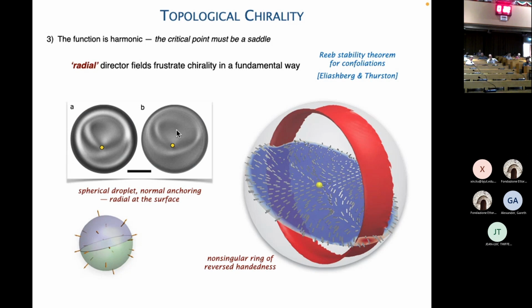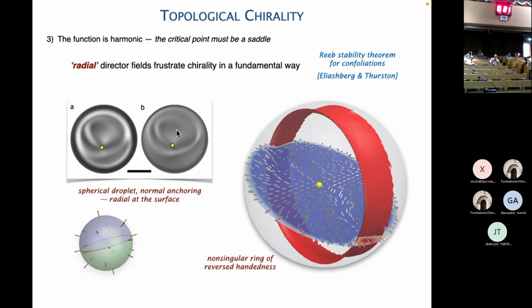But it's realized in an experimental system where it's in a finite volume, so in some spherical droplet, and there are boundary conditions on the surface, and the boundary conditions are that on the surface of the droplet, the vector field wants to be normal to it at every point. So even though the structure is not radial around the singular point itself, you still force it to be radial by boundary conditions at the surface of the droplet.